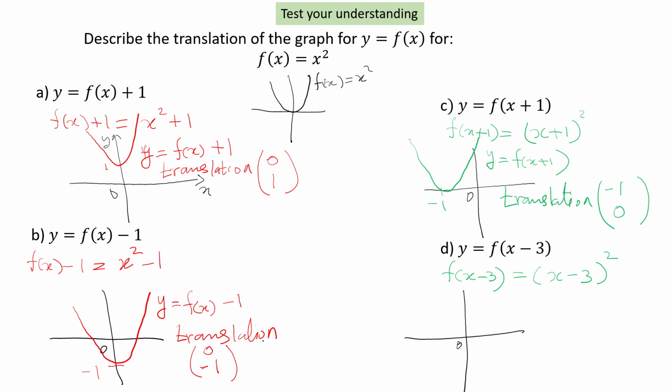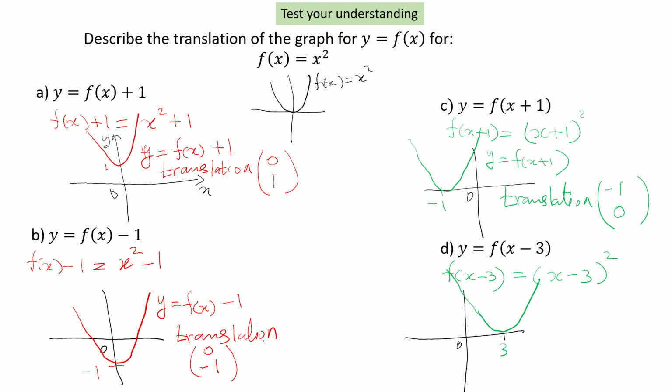The y value does not change, the x value changes. When y equals 0, what is the x value? It's positive 3. So the graph moves right-hand side by 3. That means the graph moves horizontally in the positive direction.